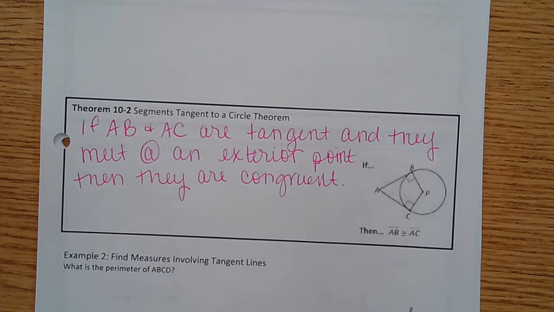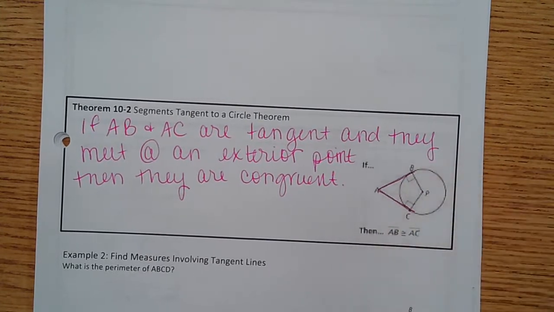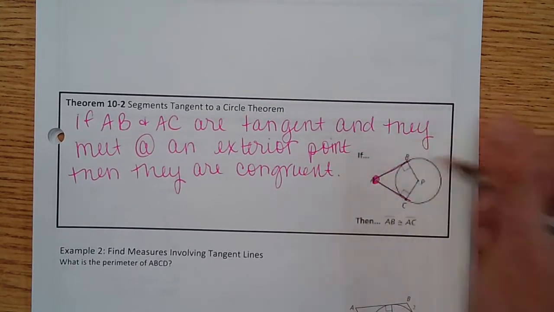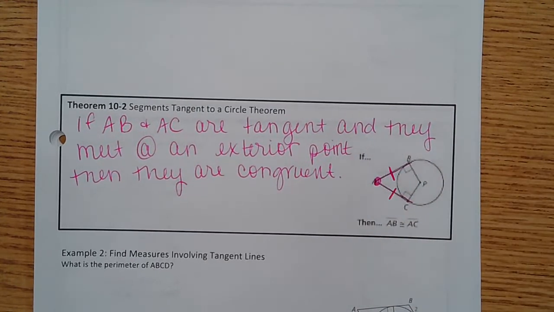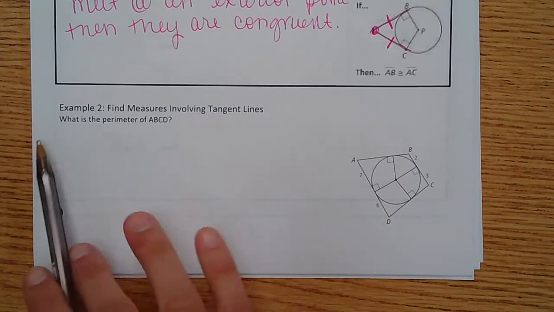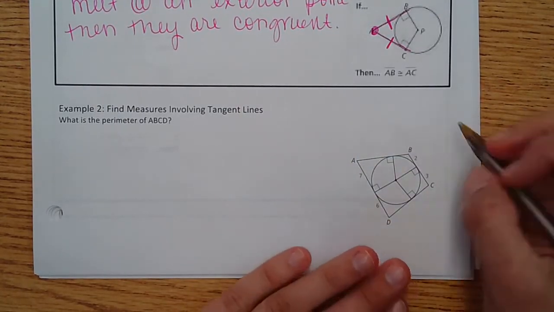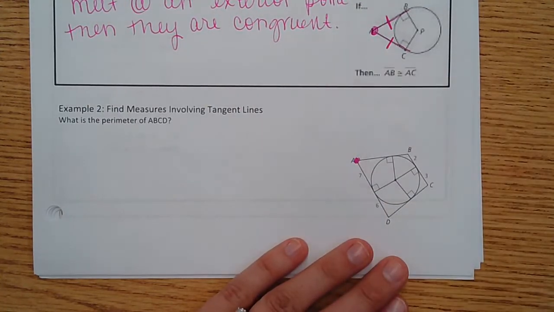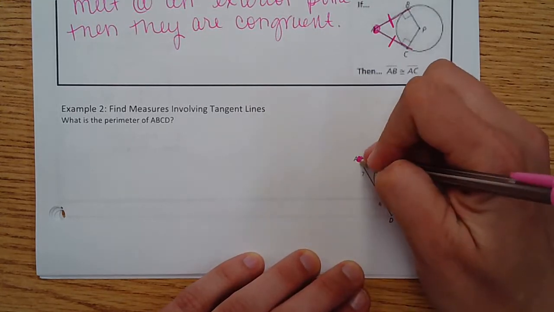So what does this mean? Since AB and AC are tangent to the same circle and they share point A, then this is going to be congruent to this. So they want us to use this situation over here. What is the perimeter of all of these added together? So first, this exterior point is made up of this tangent and this tangent.